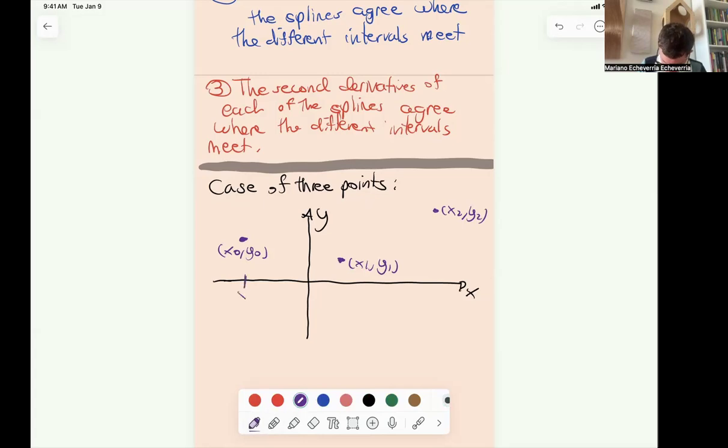Because here's x0, x1, and x2. So there are only two intervals to worry about, which is great. So maybe this would be the first spline, the first cubic polynomial. And then the other one would be here, the second cubic polynomial. Maybe something like this. This would be the second spline. Okay.